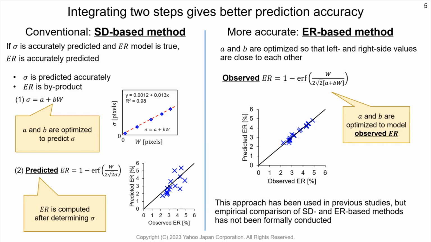That is, we determine the parameters A and B so that the observed error rates match the right-side values. In this process, the parameters are optimized for predicting the error rates. This ER-based method has been used in previous studies, but an empirical comparison of these two methods has not been formally conducted.